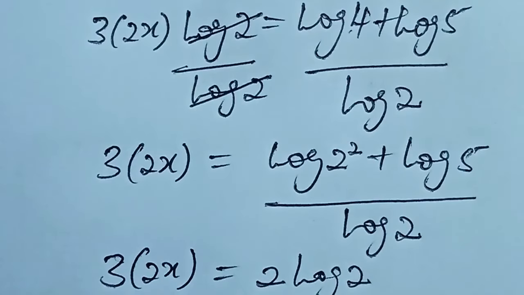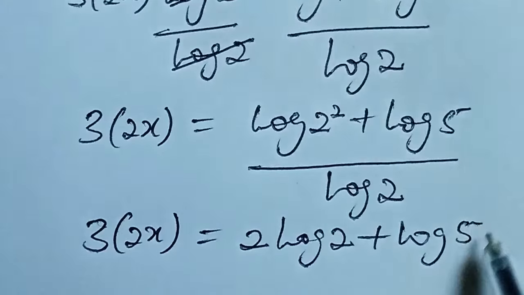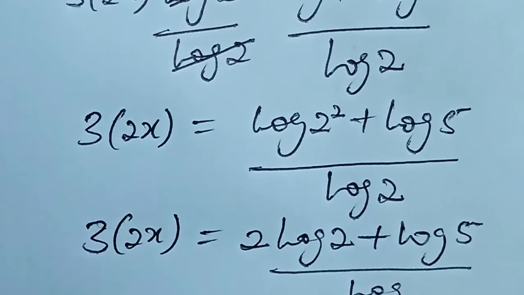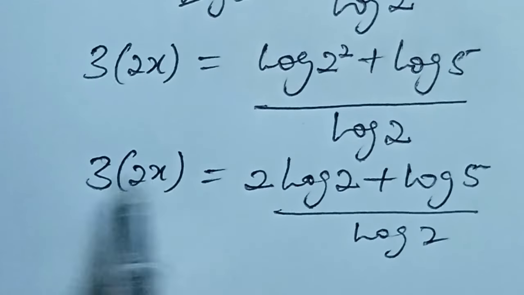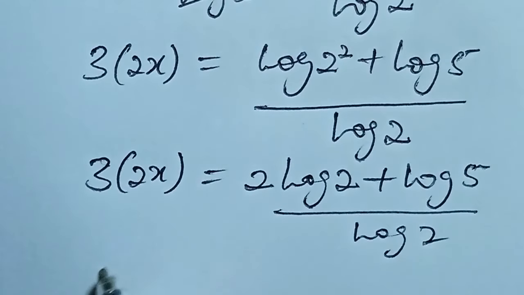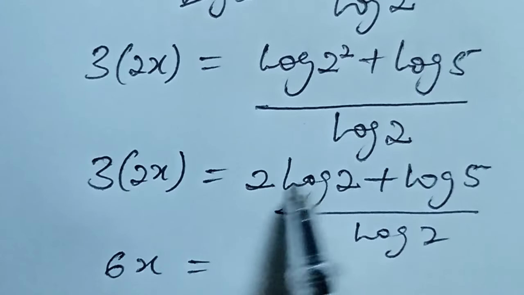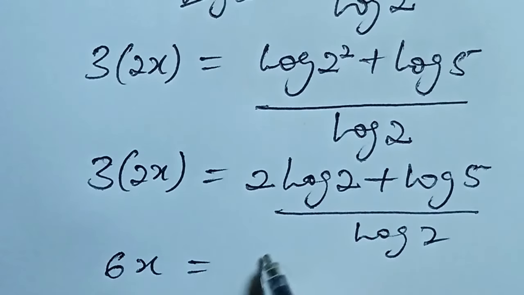log 2 plus log 5, everything over log 2. Now we can multiply this to get 6x equal to the whole part, writing this in a separate form.